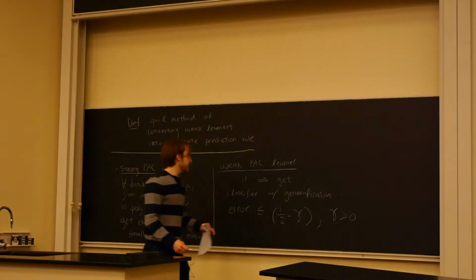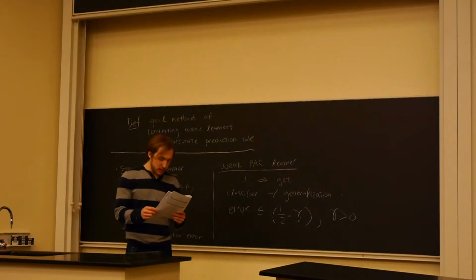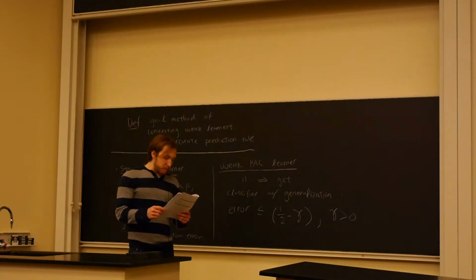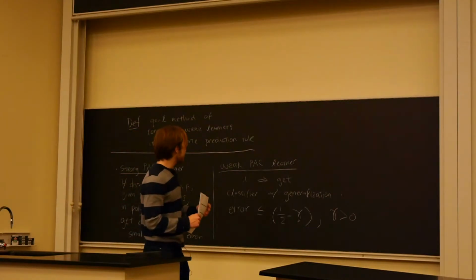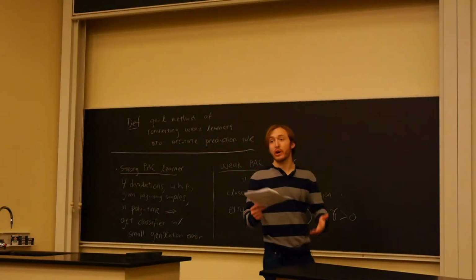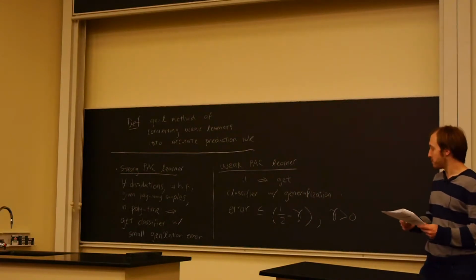Basically it's the same thing, but with a generalization error that's smaller than a bound. This just means that its error can be slightly under 1/2, or slightly better than random guessing. A random classifier would just return noise on its labels, so that would be exactly 1/2 error.